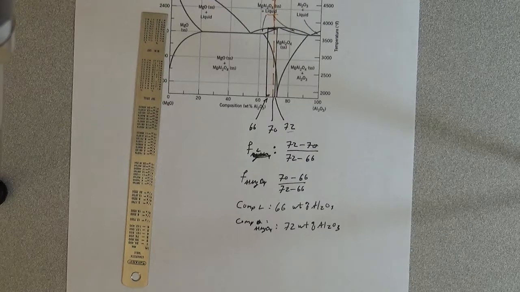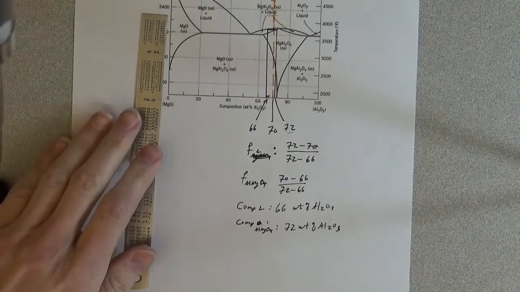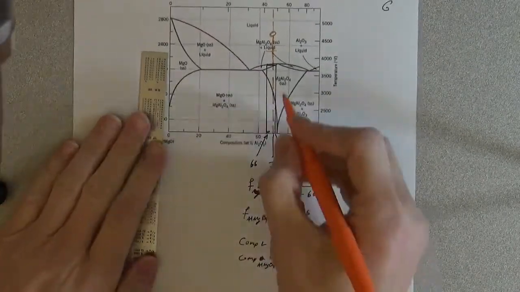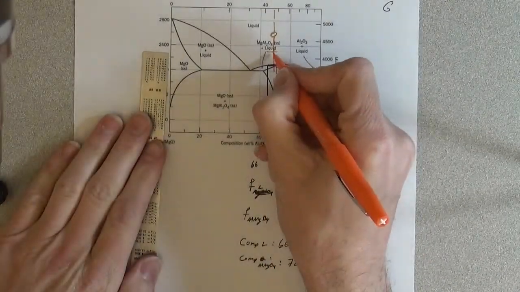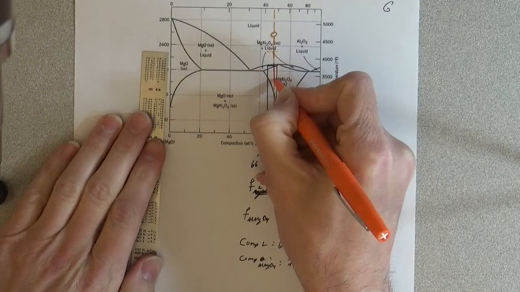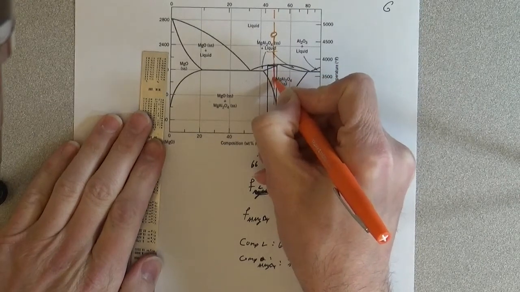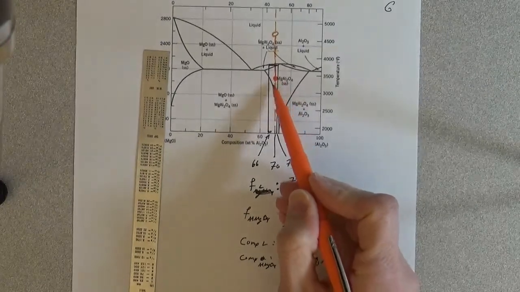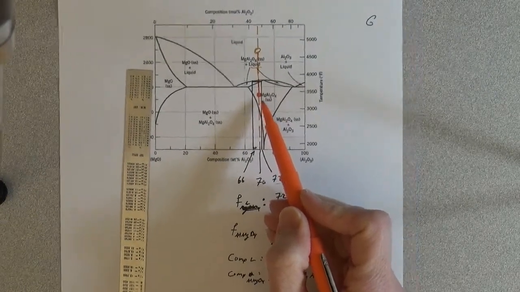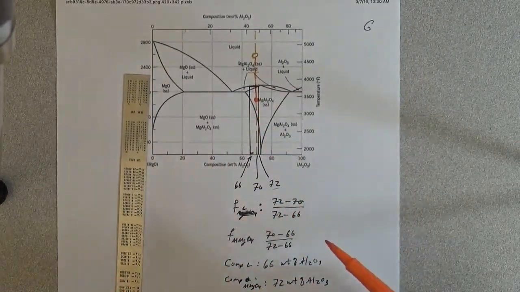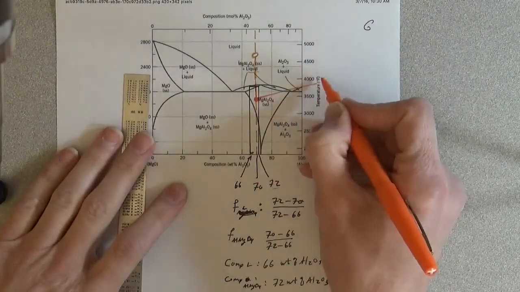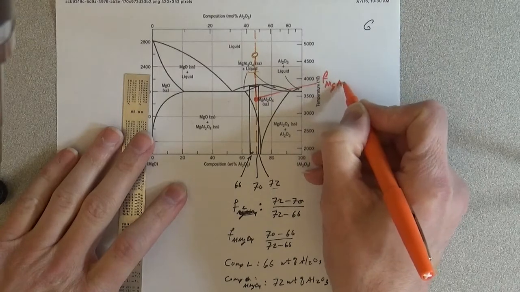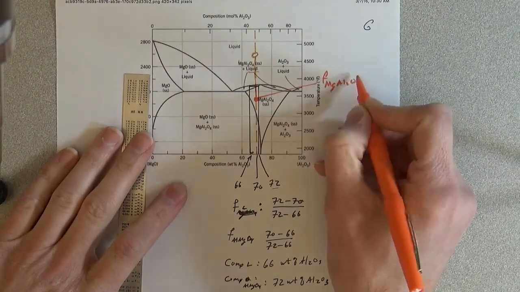So we can keep moving. Let's say we keep cooling down until we're in the single phase region. So if we ask ourselves, what's the fraction of MgAl2O4?